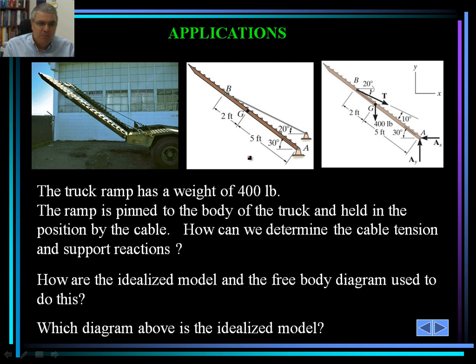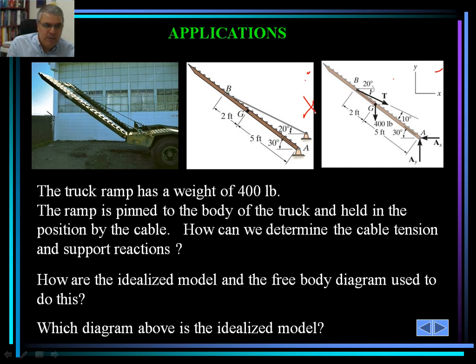Again, if you look at two of these free body diagrams up here, this one and this one, we would like to know which one is more ideal. So we're looking at these two free body diagrams. Which one is idealized? Well, on the one on the left, no external forces are shown.